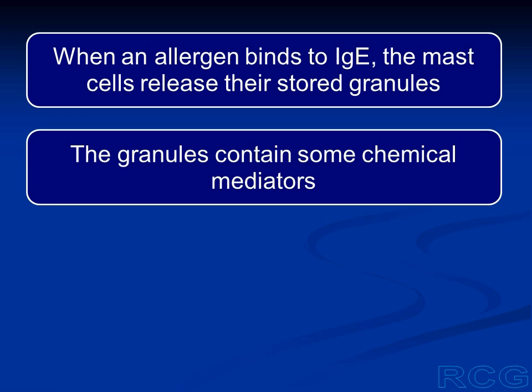When an allergen binds to IgE on the surface of the mast cell, the mast cell releases the granules which are normally stored in the cell. And these granules contain some chemical mediators. So actually it is the chemical mediators stored in the mast cells which are released when the allergen binds to IgE on the surface of the mast cell.